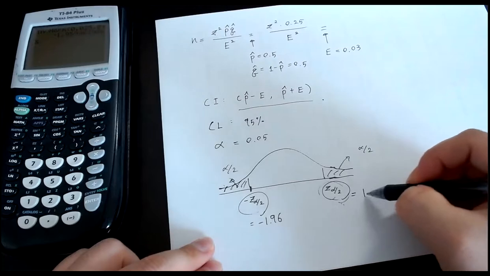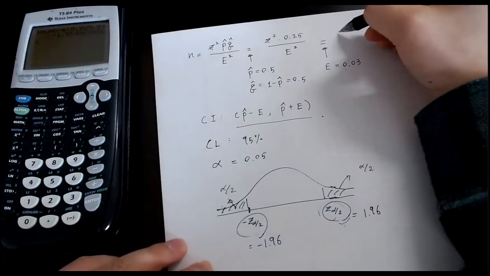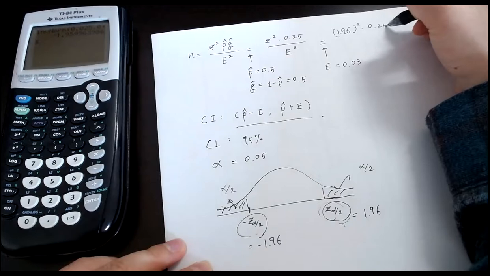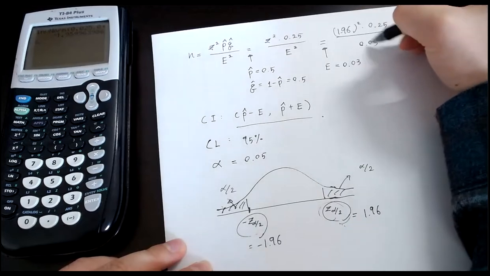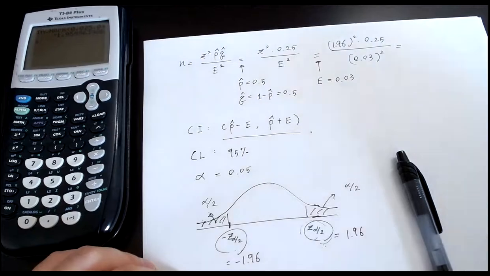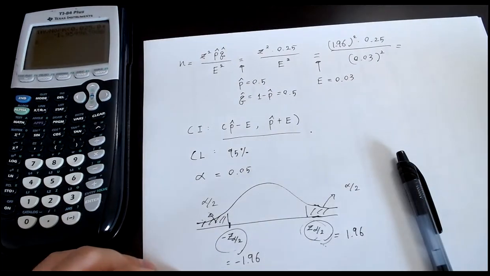So the critical value is 1.96. So this is going to be 1.96 squared times 0.25 divided by 0.03 squared. We can figure out the decimal expression of this fraction using the calculator.